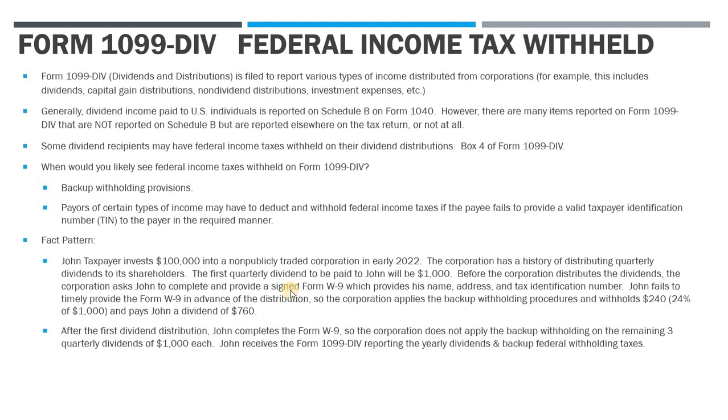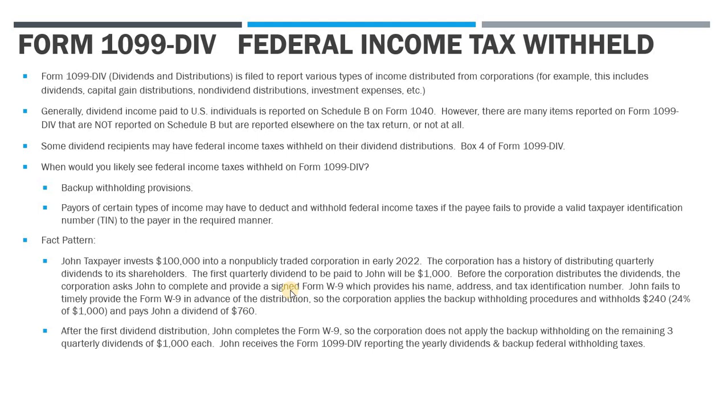Now, before the corporation distributes the dividends, they ask John, like they do all the shareholders, I need you to sign a W-9 or a W-8, whatever the appropriate form is. Provide me your name, address, your tax status, and your taxpayer ID number. Now, John, just because he was a little lazy, failed to provide this on a timely basis.